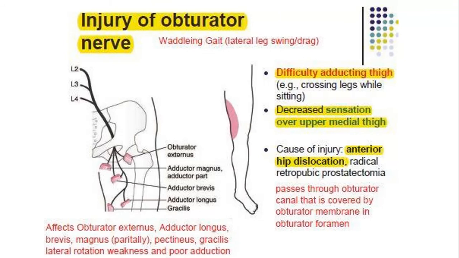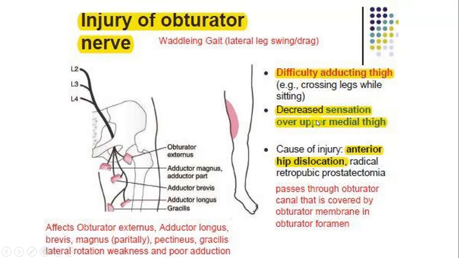So this nerve can be damaged. When it is damaged, it will cause a waddling gait, lateral leg swinging, drag. Why? Because we are unable to cross the leg while sitting, and while walking we are unable to adduct.